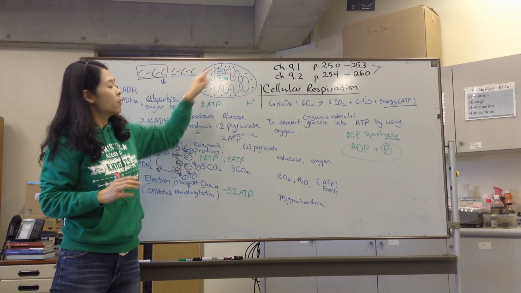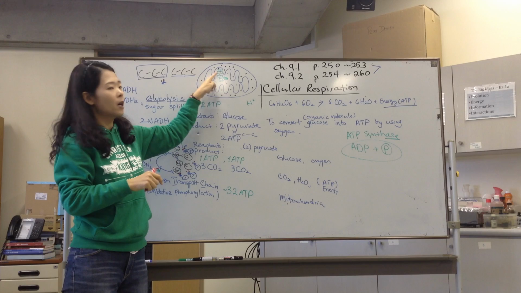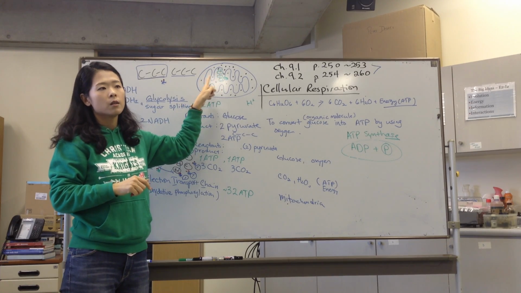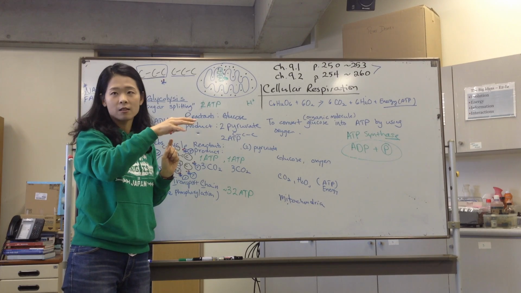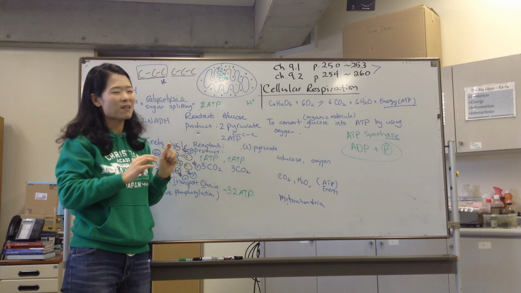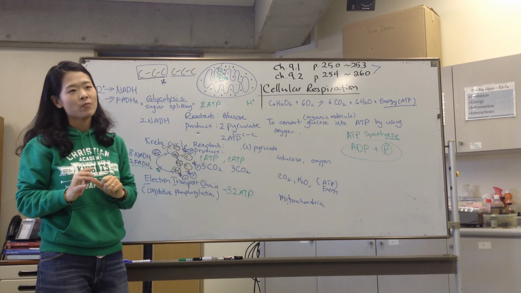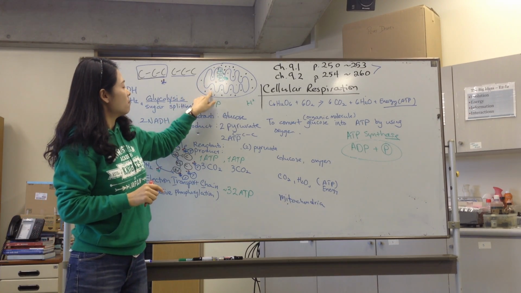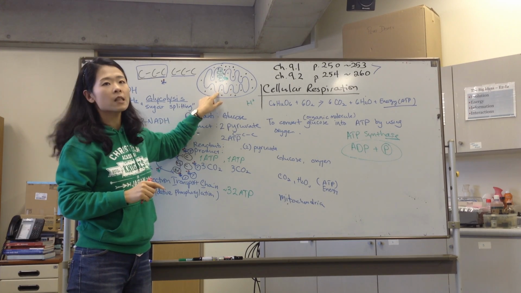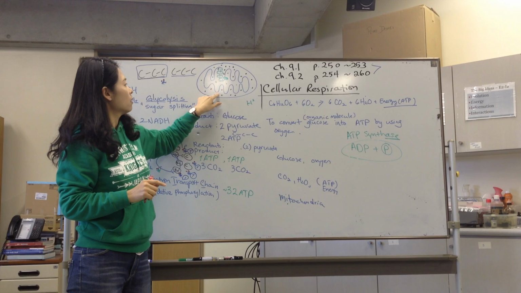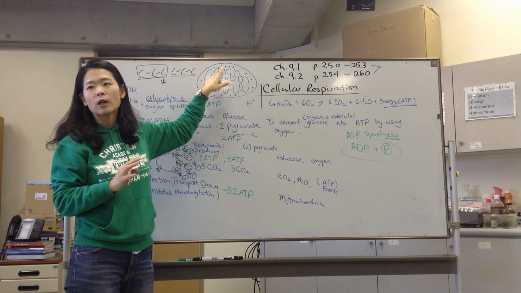Now, the flow of electrons from pump to pump signals these pumps to pump protons. Alright, so we get that far, right? So maintaining a high concentration of protons here is done by the pumps and the electrons.